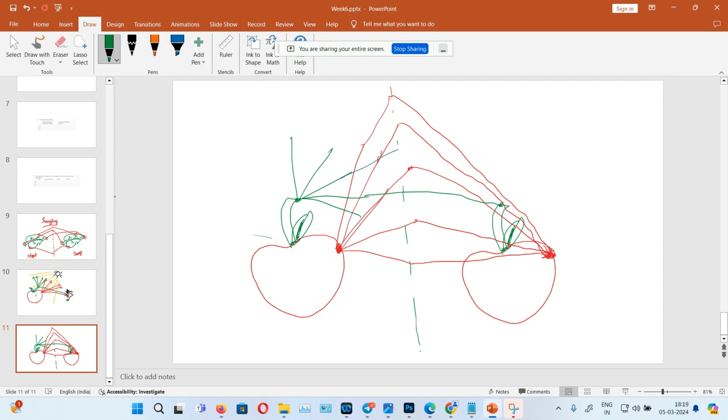Then only it is becoming a proper imaging system.